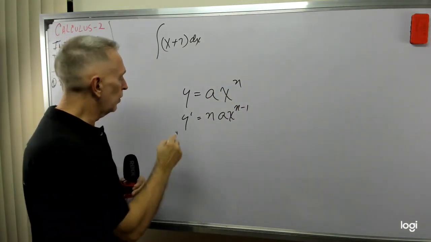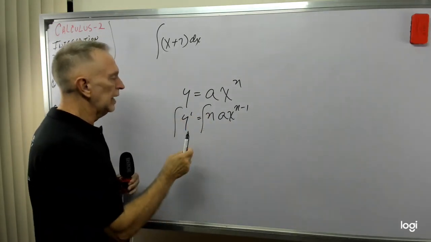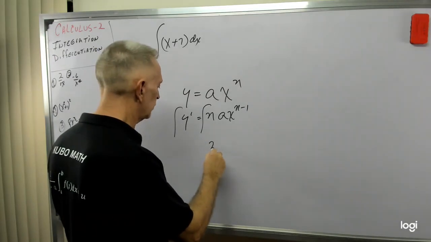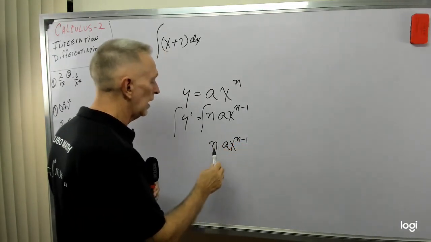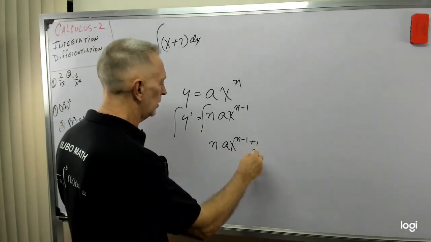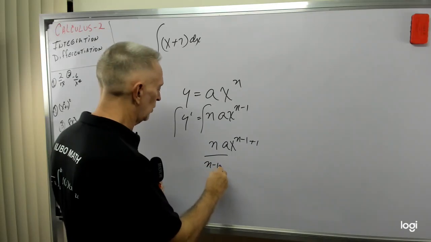And you know, if we were to integrate each one of these, now we're taking that function ax to the n minus 1 and we're adding 1, and then we're dividing by that n minus 1 plus 1.